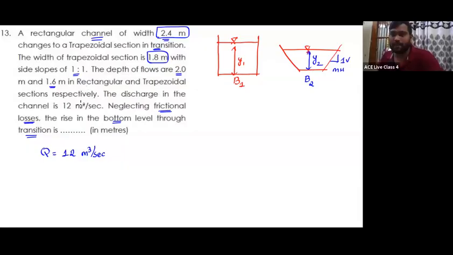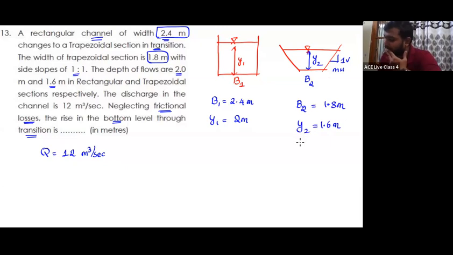So the given details are, for the rectangle, B1 equals 2.4 meters and Y1 is 2 meters. For the trapezoid, B2 is 1.8 meters, Y2 equals 1.6 meters, and side slope m equals 1. I also know the discharge. Neglecting the frictional losses, find the rise in the channel bottom level. Every time, keep that in your mind.